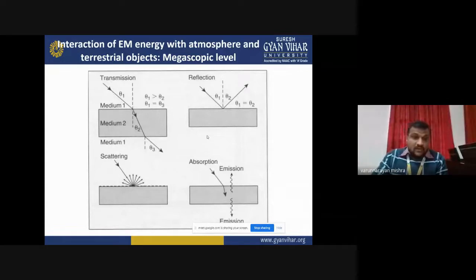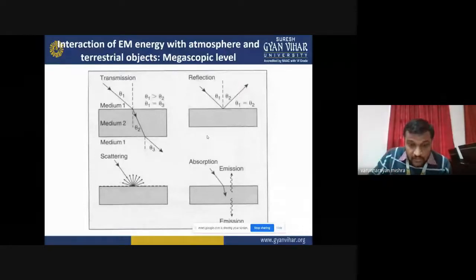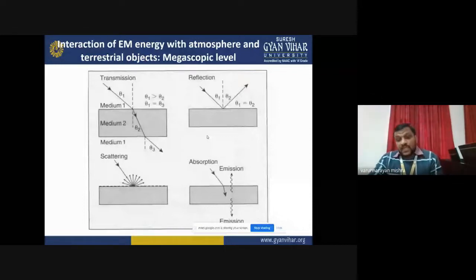Okay, the interaction of electromagnetic energy when it reaches the surface is studied at the megascopic level. There may be the processes of transmission, reflection, and scattering. Some part of the energy can also be absorbed by the earth surface features, and that will be released in the form of thermal radiation, which is also known as emitted energy.